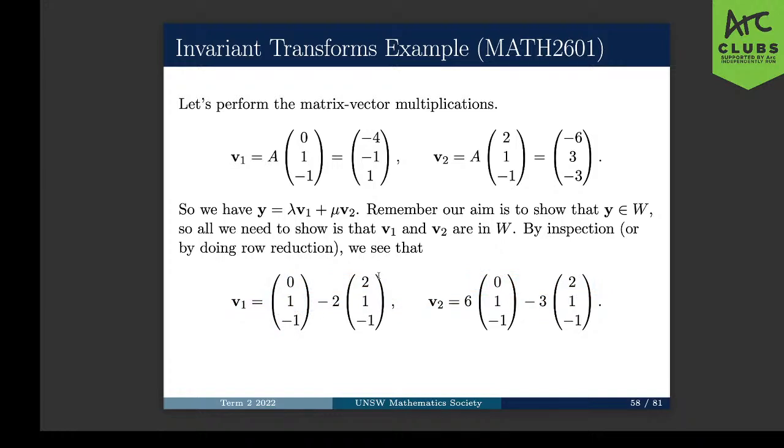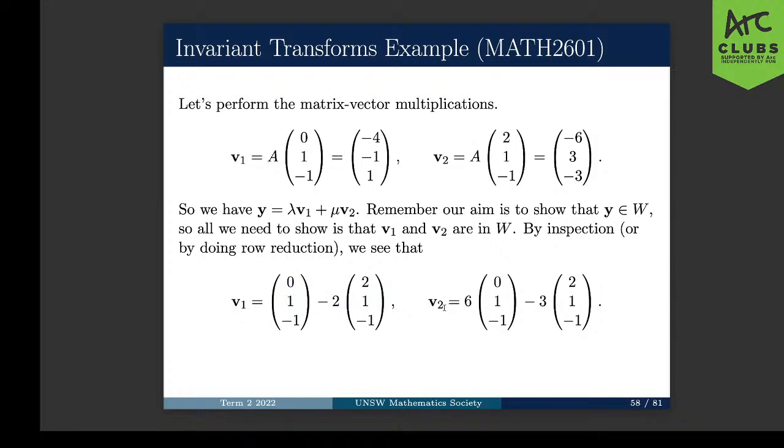In this case, it's easy to do by inspection because the only way you'll get -4 from these two vectors is by taking -2 times this one, since there's no way of getting the -4 from the first vector here. So you just put it in there and it'll somehow fall out nicely.